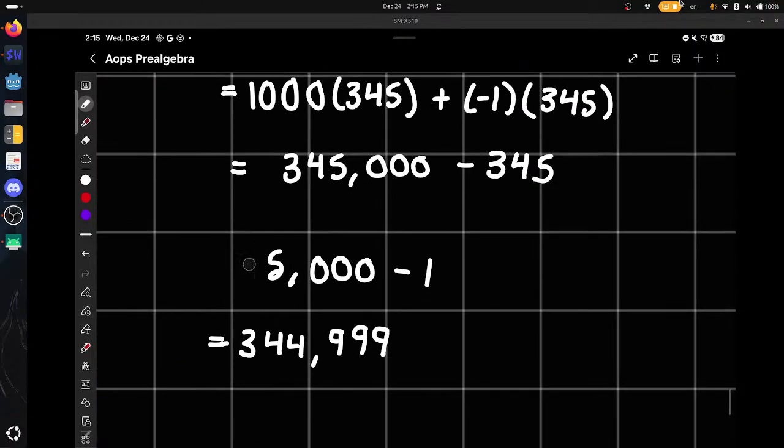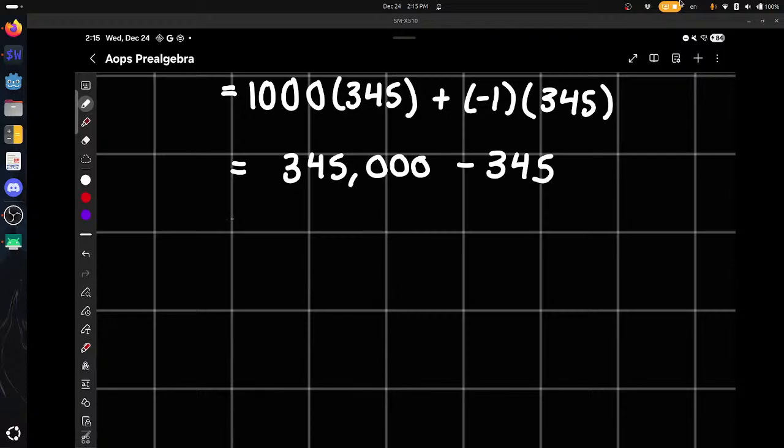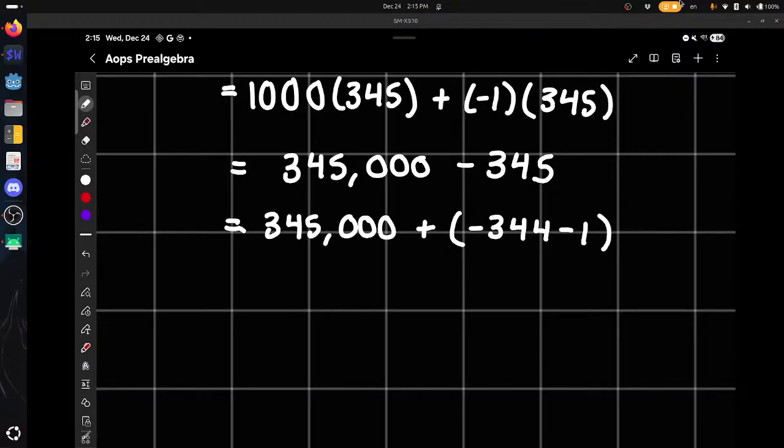Okay, I think I can solve this the easy way. So we can take 345 and then we'll do this. Because that makes sense. And then put a little dot right there.